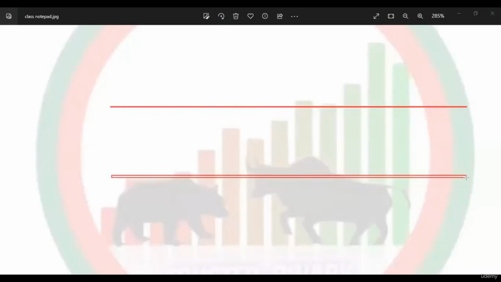When we mark SNR levels by horizontal line, we have to take this type of area: one line for support, one line for resistance, and the middle breakout.